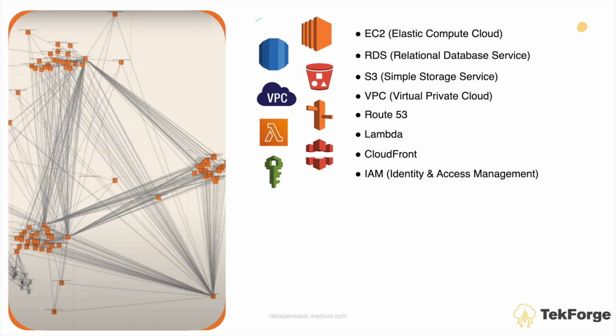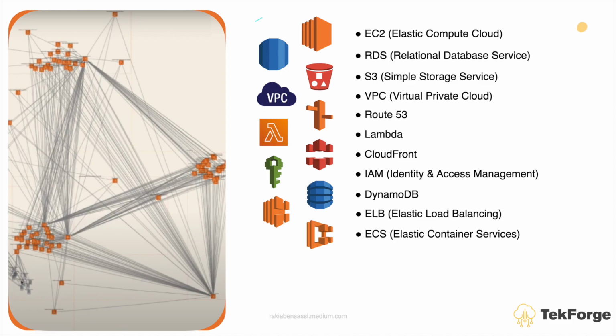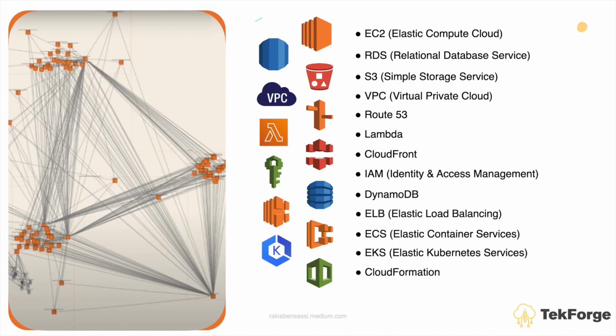We can find also DynamoDB tables and their connections, Elastic Load Balancing or ELB, both classic and application load balancers, Amazon ECS or Elastic Container Service, and EKS, Elastic Kubernetes Service, container services and how they are deployed within the infrastructure, AWS CloudFormation, stacks and their resources illustrating how they are interconnected. We can also find AWS autoscaling groups and their associated instances.